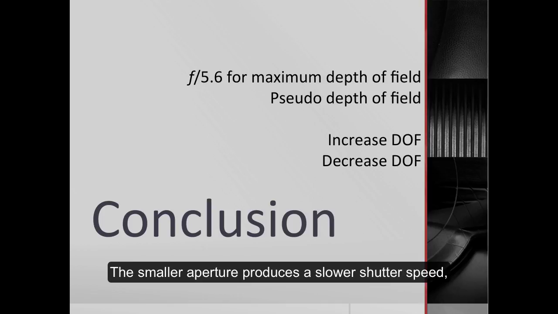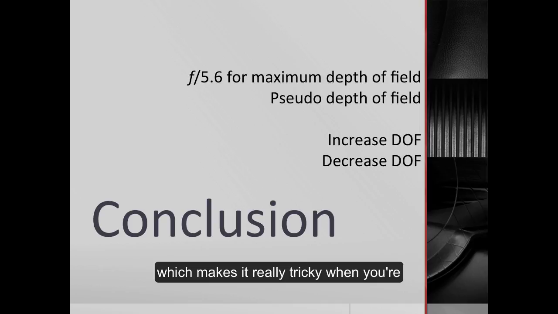The smaller aperture produces a slower shutter speed, which makes it really tricky when you're just trying to hand hold it. So that might be why you never can get a really great landscape photo in focus. Because with the smaller aperture, less light's coming in, so we need a slower shutter speed to allow the light to come in, which makes any kind of jiggles and bumps show in your photo.